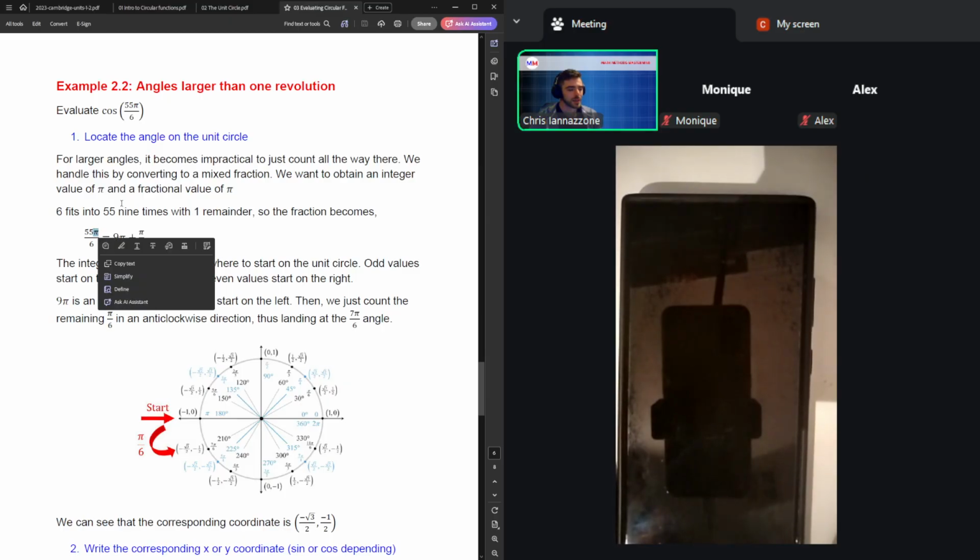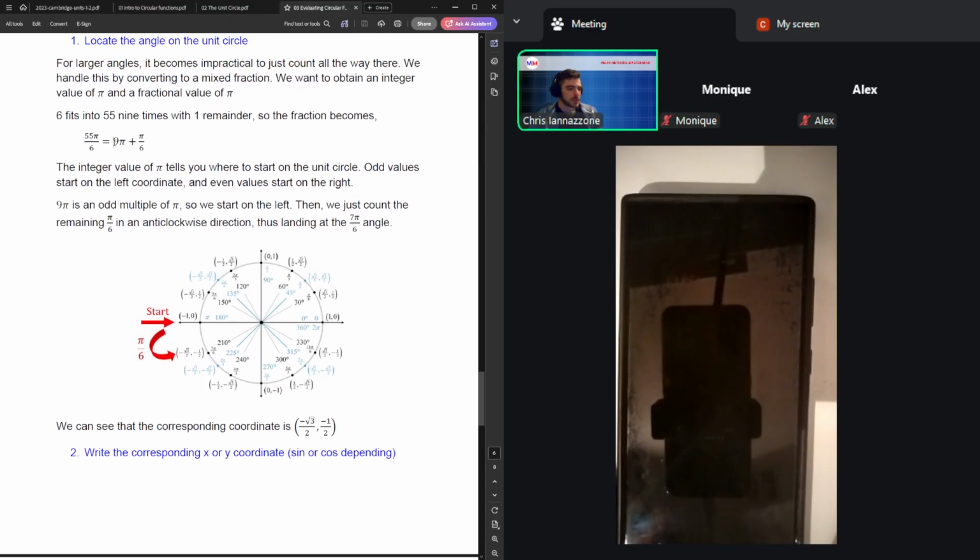Now because we got pi in that coefficient, in that top bit, we're going to have pi in both our quotient and remainder here. So 9 pi plus an additional pi over 6. That's great and all, but what do we do with that? Whatever the whole number, the integer value of pi is going to tell you where to start on the unit circle.